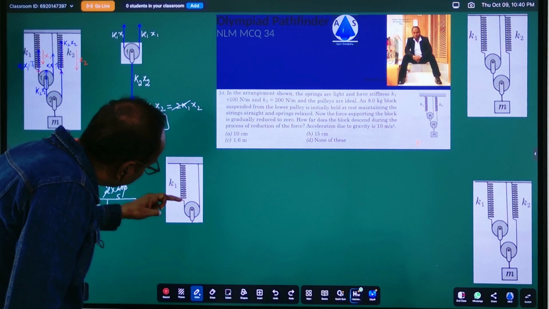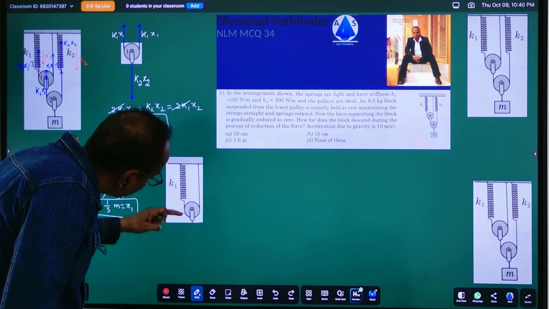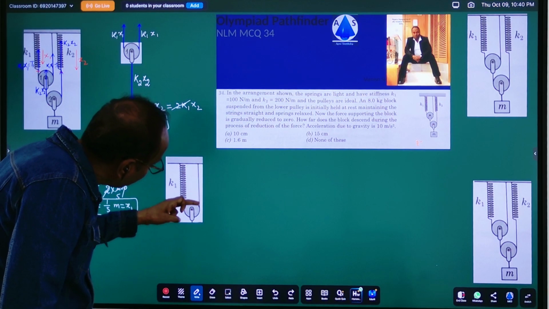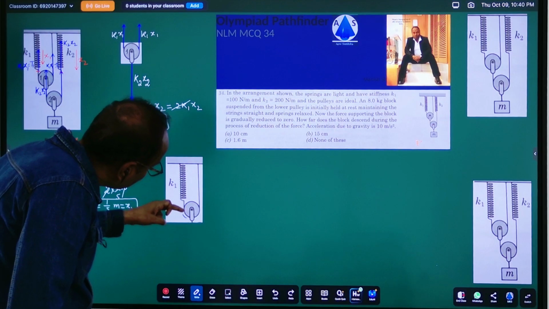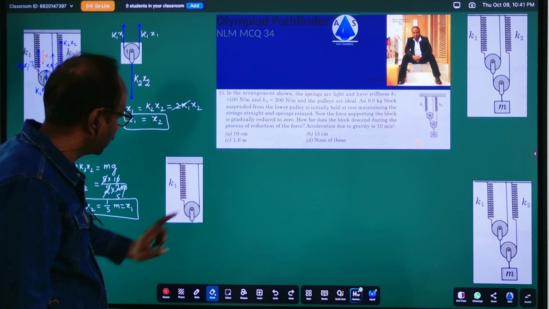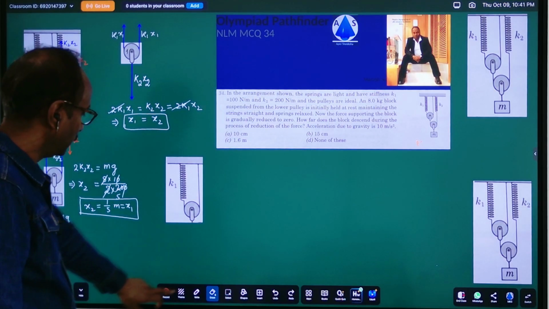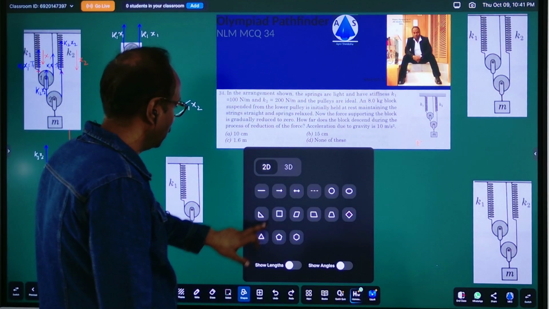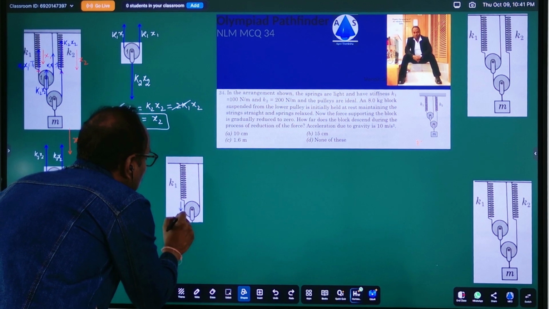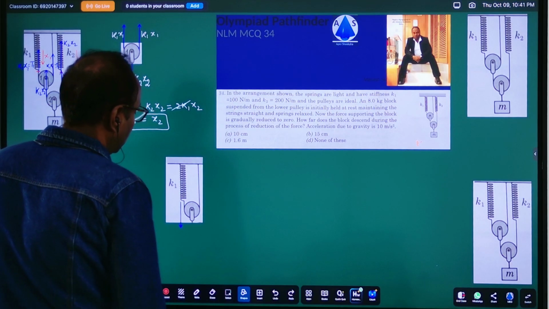So if the end of this spring is elongated by x1, there will be a slack in the thread that will be equal to x1. The spring has gone down by x1.